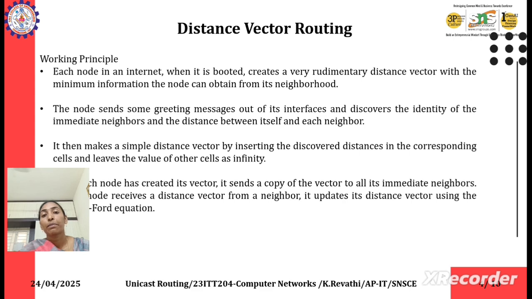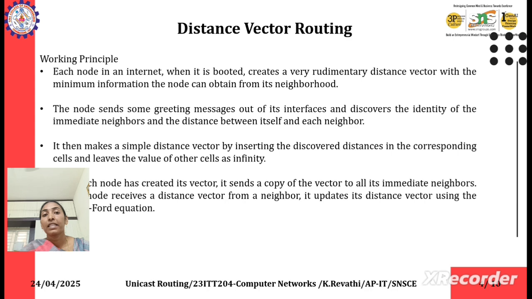Now I explain the working principle of distance vector routing. Each node in the internet, when it is booted, creates a very simple distance vector with the minimum information the node can obtain from its neighborhood. The node sends some greeting messages out of its interfaces to identify the immediate neighbors and the distance between itself and each neighbor.